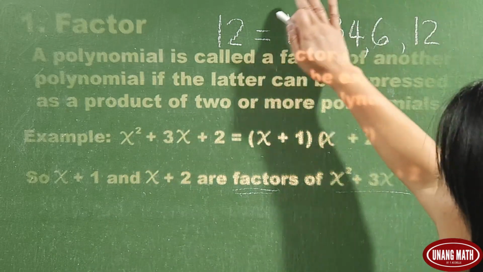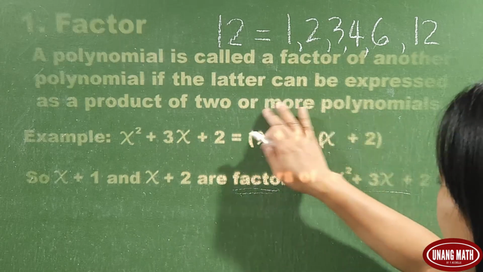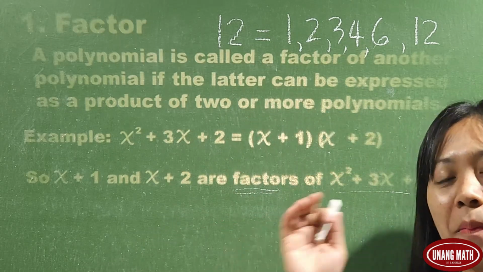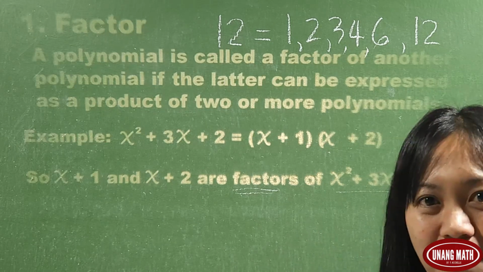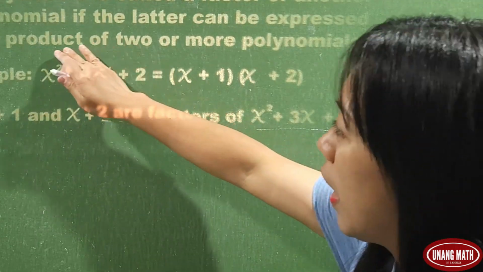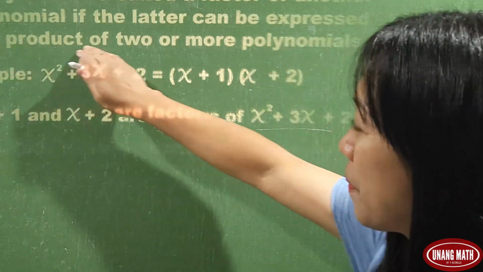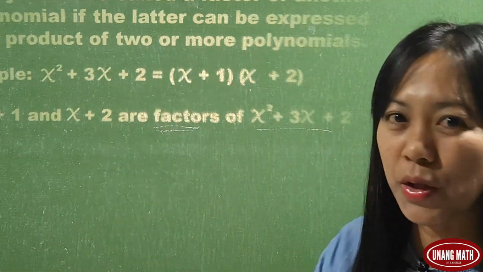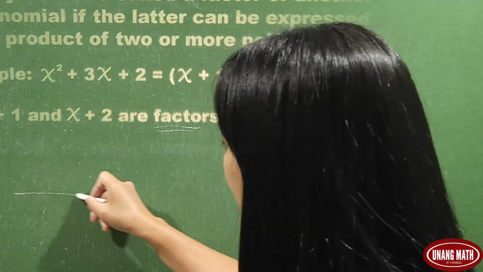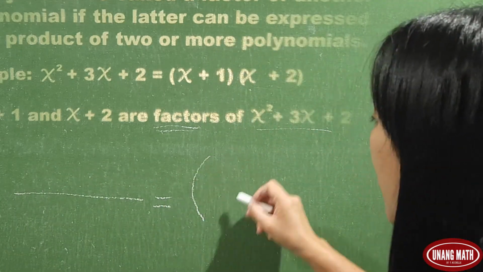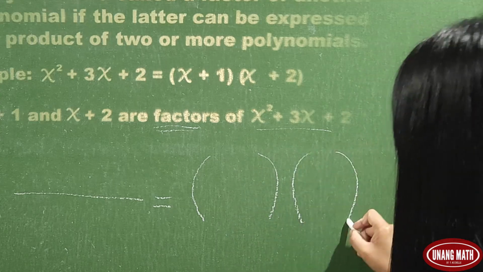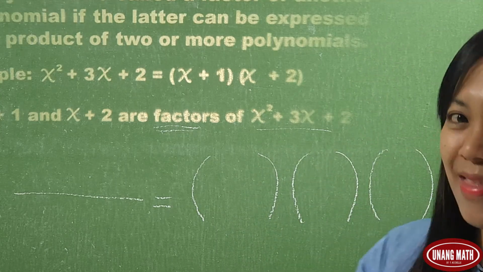Here, the factors are whole numbers. Here, the factors are expressions. But the concepts or the meanings are just the same. Now, let me highlight this one: a product of two or more polynomials. Let's say we have this expression, and the factors are this one and this one.